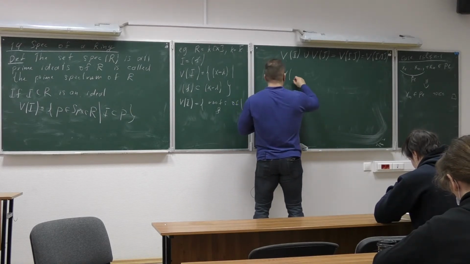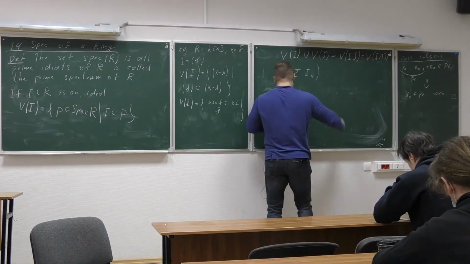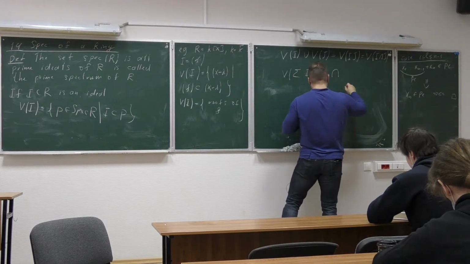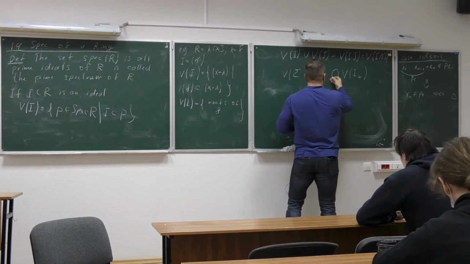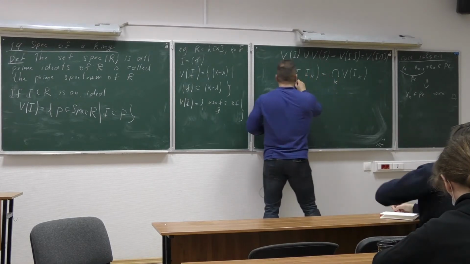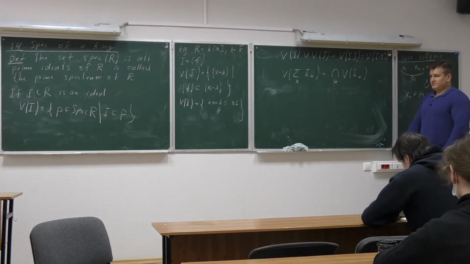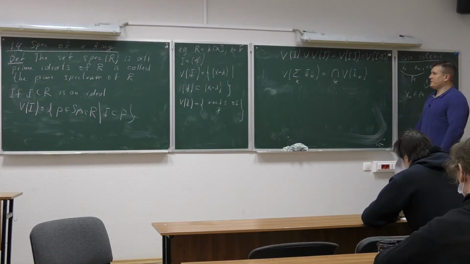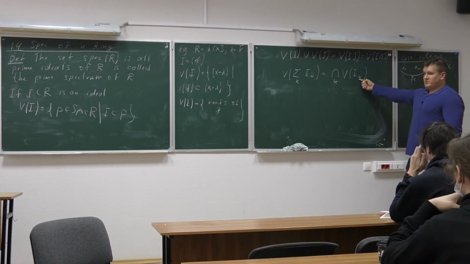If I take V for the sum of the ideals, I claim that this is exactly the intersection of the V's of these ideals. And again, if you just think about this a little bit, you can convince yourself this is just clear, right? If you just remember that the sum of the ideals is the minimal ideal that contains all these ideals.